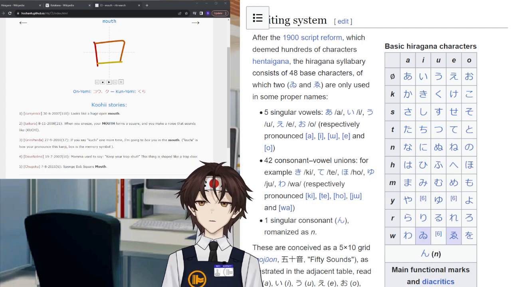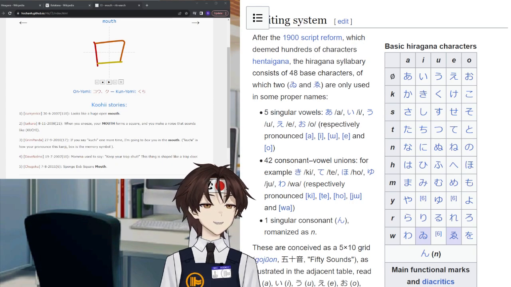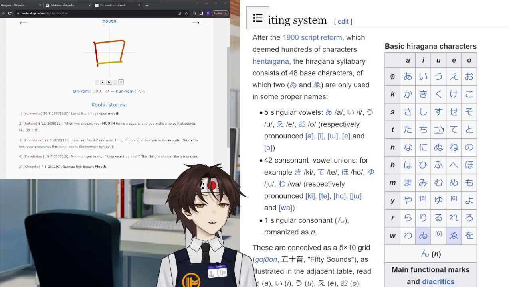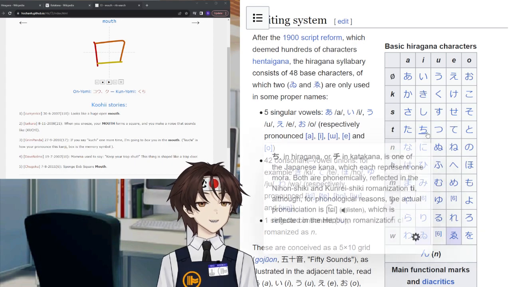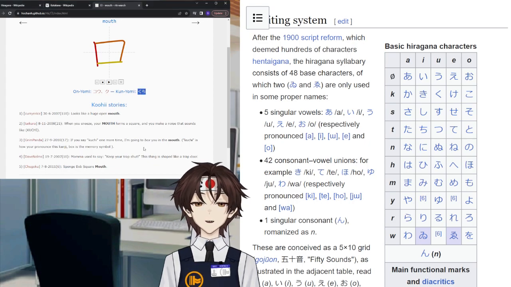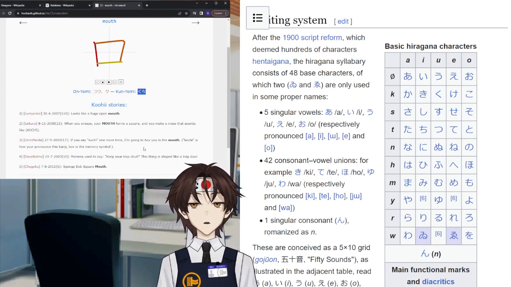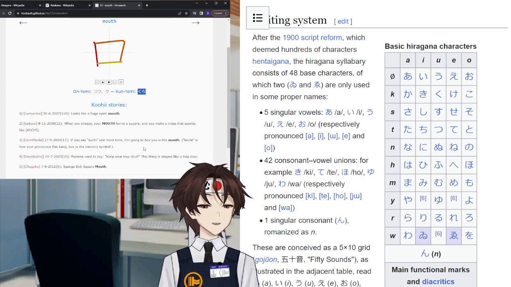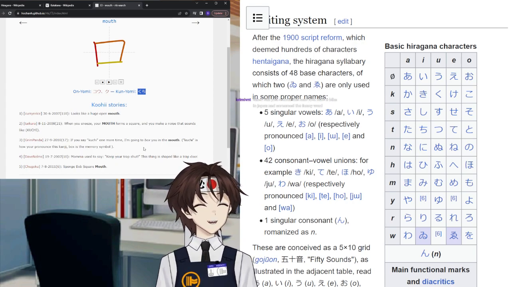Ah, cool. Oh, okay, I get it. So if you're just saying mouth on its own, it's basically kuchi.